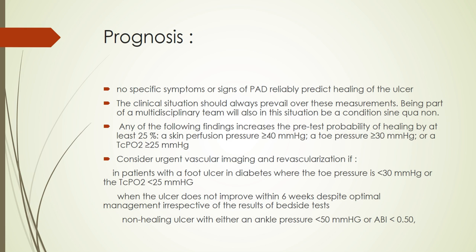Another one is when there is a non-healing ulcer with either an ankle pressure less than 50 millimeters of mercury, or ABI less than 0.5.